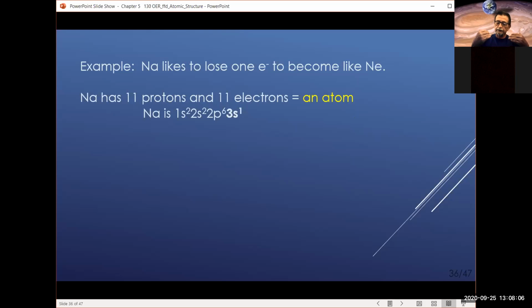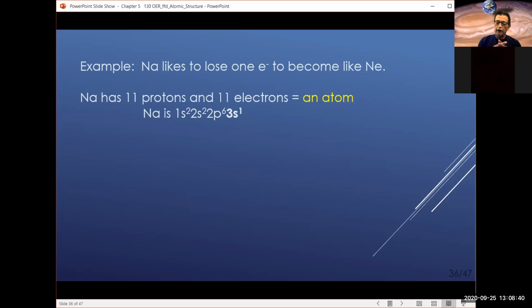And recall that in the first period, there's only one sub-energy level, or what we call orbitals. There are 4 types: the S, the P, the D, and the F. In the first energy level, which is the first period, there's only the S orbital, and every orbital can handle a maximum of 2 electrons. So 1s superscript 2 denotes that there are 2 electrons in the first energy level S orbital.